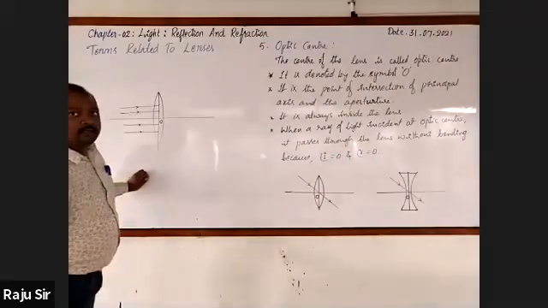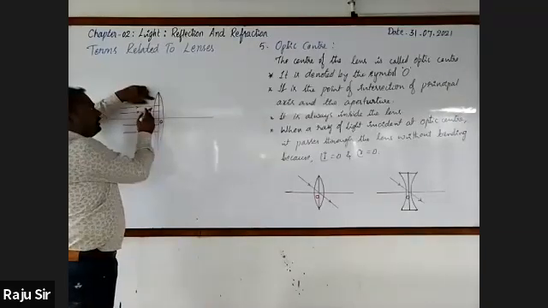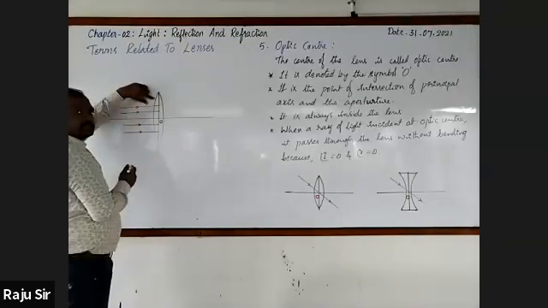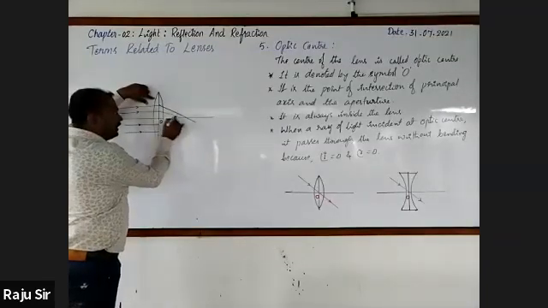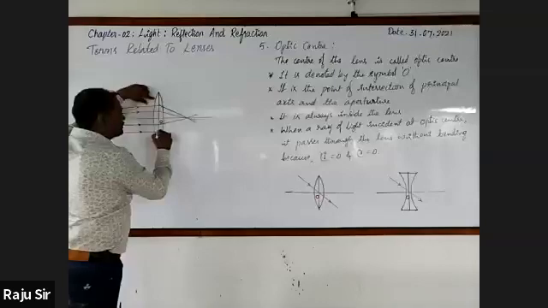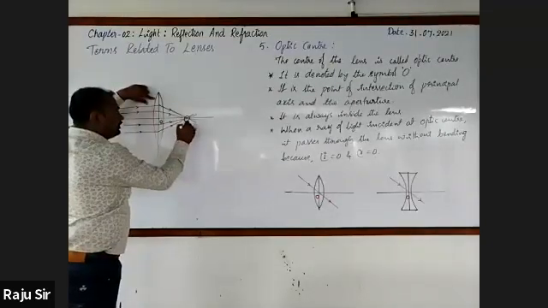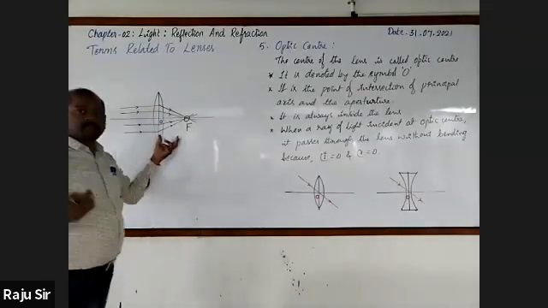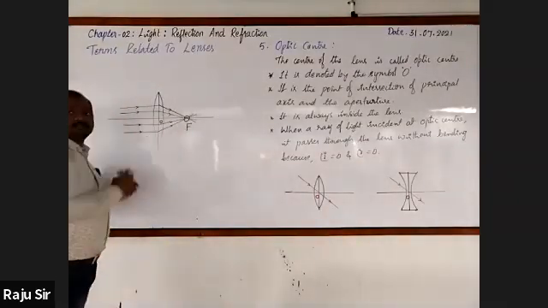These are the rays of light incident on the lens parallel to the principal axis. These rays undergo refraction, and these emergent rays will meet at a point on the principal axis, and we call this point the converging point, also called the principal focus of the convex lens.